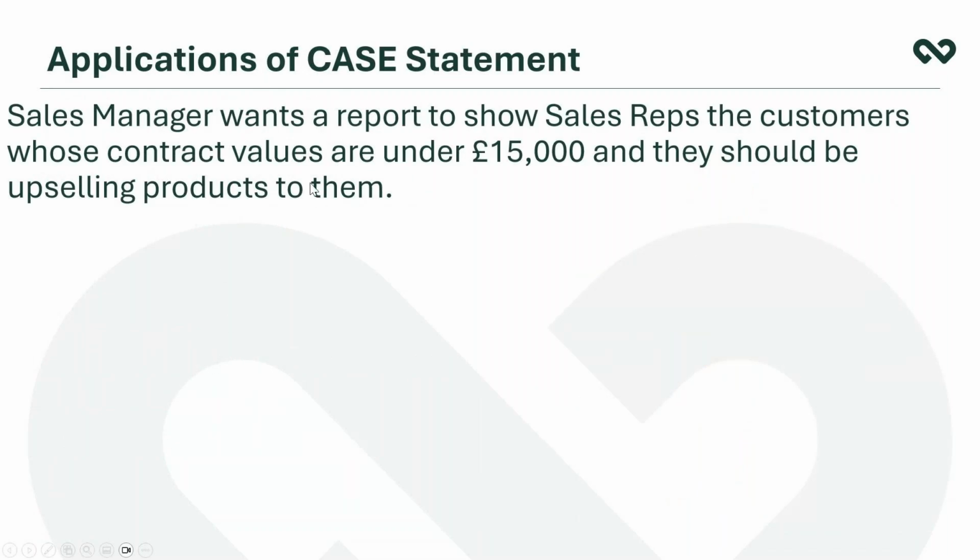So let's talk about applications of the case statement. Let's look at the example on this slide where a sales manager wants a report to show reps the customers whose contract value is under £15,000, and they should be upselling the products to them. So let's try and visualize what our case statement might output.